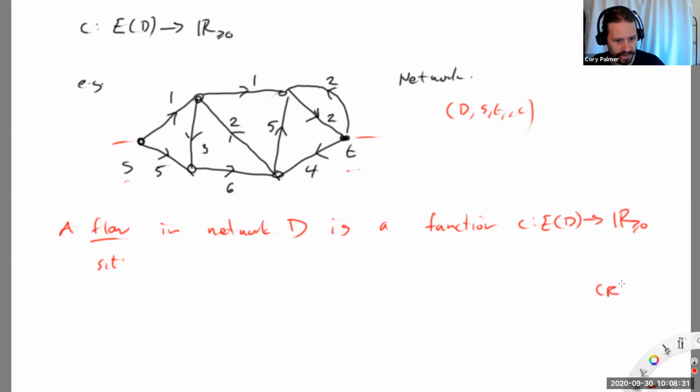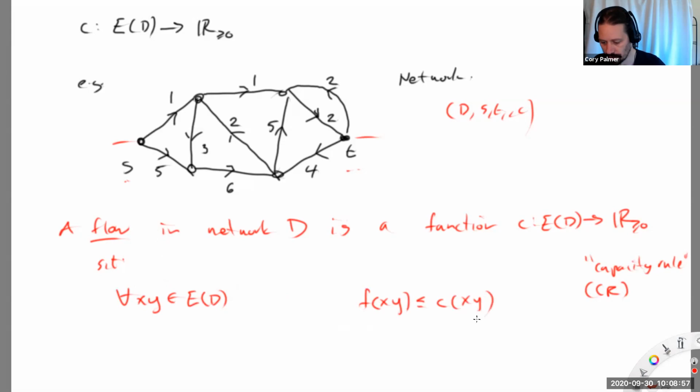So the first one we call the capacity rule, CR. And this just says that for every edge, every arc XY, we have the following, that the flow on arc XY is bounded above by the capacity of XY, right?